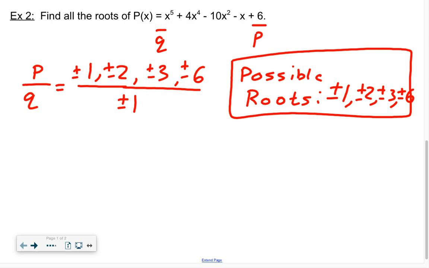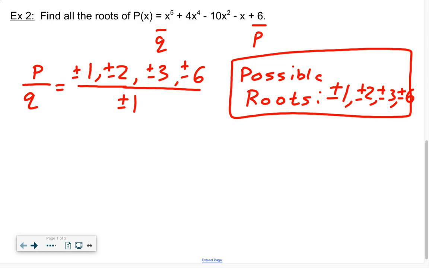So after you get the first one, now you're down to a degree of 4, which means we're going to have to do synthetic division again. You can either use the numbers that we have up there, or you can use the new numbers that you generated. Make sense? If you use the new numbers, that's one less number that you have to do, because you just eliminated one of your terms.